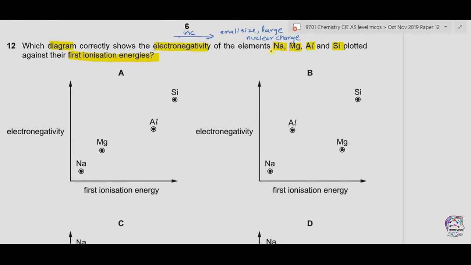The atomic number of sodium is 11, magnesium is 12, aluminum is 13 and silicon is 14, and they are consecutive members of period 3. Second thing is first ionization energies, and first ionization energy is the removal of first electron from isolated gaseous atom.